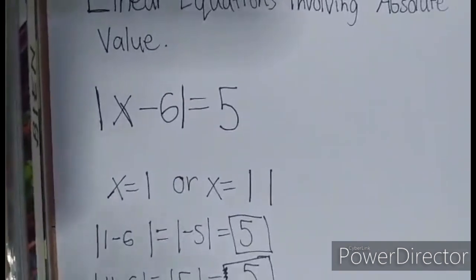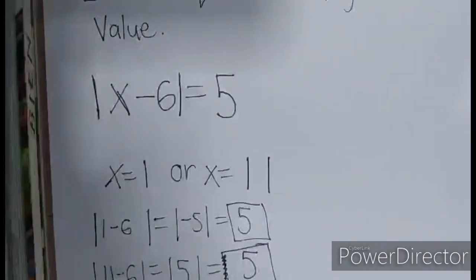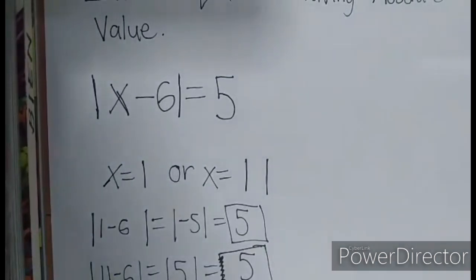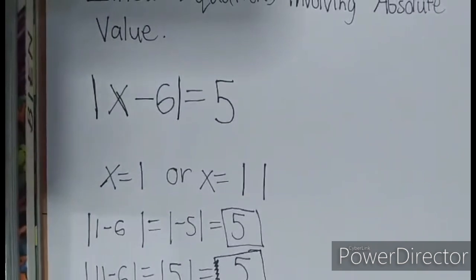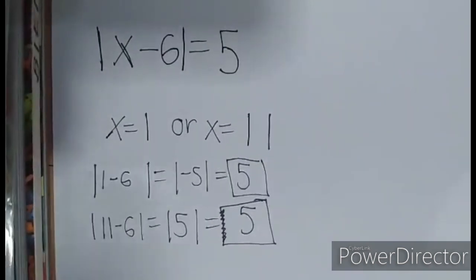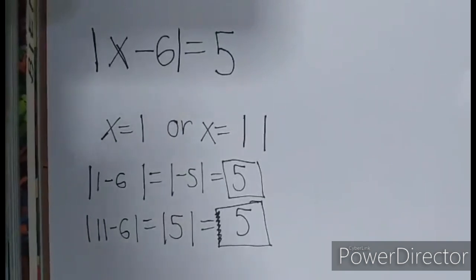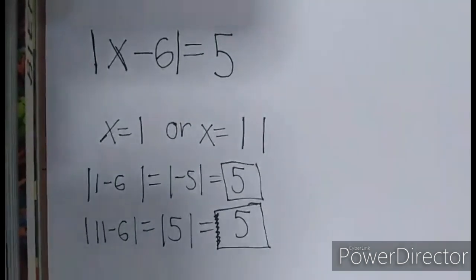Now, if you put 1 in the x, it becomes 1 minus 6 equals negative 5. And what is the absolute value of negative 5? It is 5. And if you put 11 on the x, 11 minus 6 equals 5. What is the absolute value of 5? It is 5. Thank you.